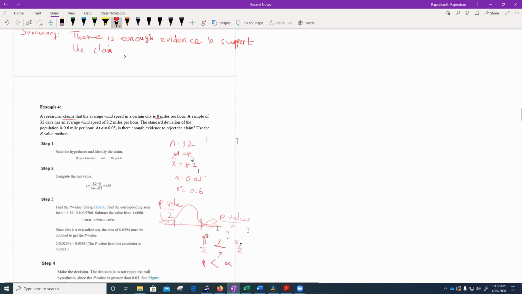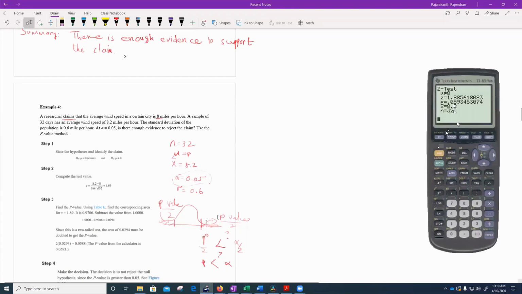So where's my alpha then? 0.05. Okay, so my p-value is 0.0593, and this is now bigger than 0.05, right? So that means this is not correct.